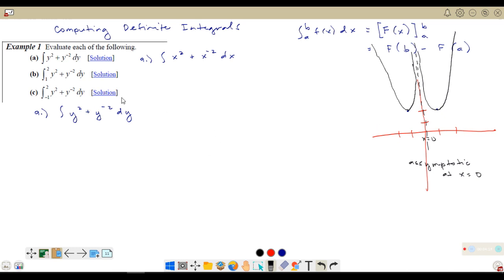So, this time, hanapin natin yung indefinite integral nito. As you can see, wala siyang a at b.